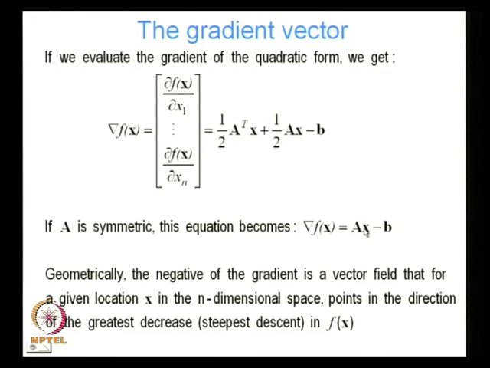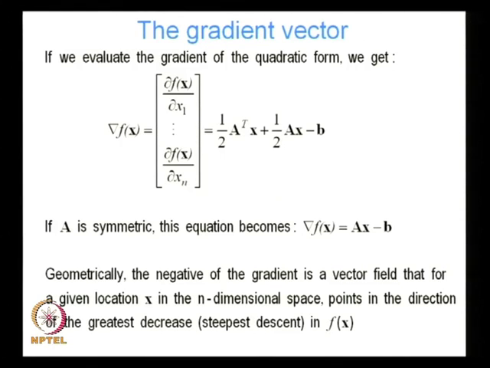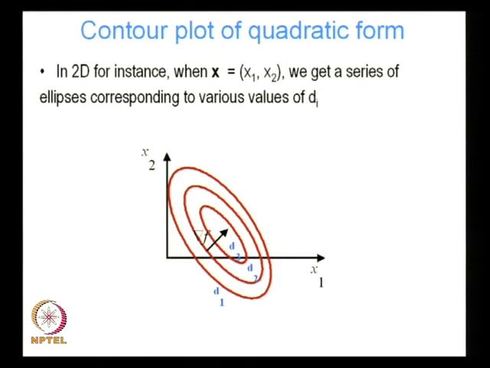Geometrically, the negative of the gradient is a vector that for a given location x points in the direction of steepest descent. It points to the direction where the function decreases by the maximum amount, right. So, let us go back to this picture again. Suppose this is my starting point, and I calculate my gradient.